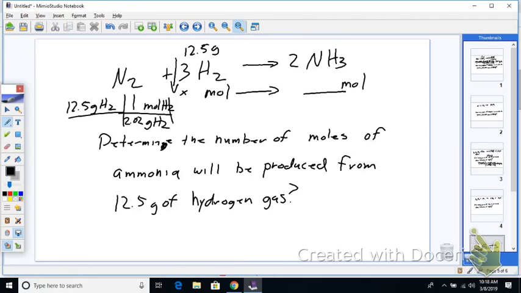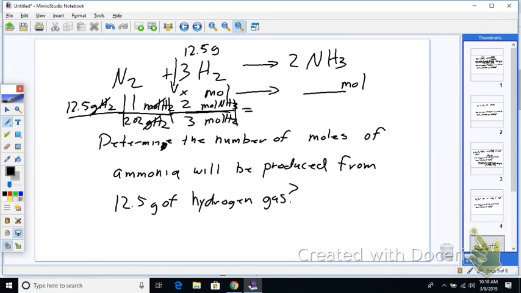So I need to go over to moles, and all I have to do there is do a mole relationship. So now I put moles of H2, because that's what I have here once I solve for it. And I want to keep going. And then I want moles of NH3 here. And that's where I put my mole ratios in. So this would be 3 to 2. When I do that, then I get a number around 4 for my answer. My units cancel.